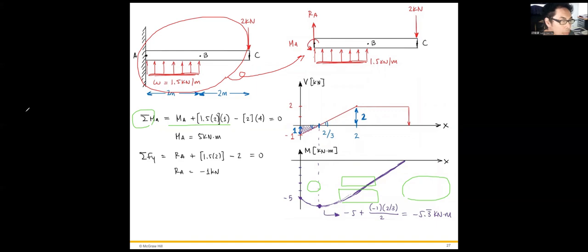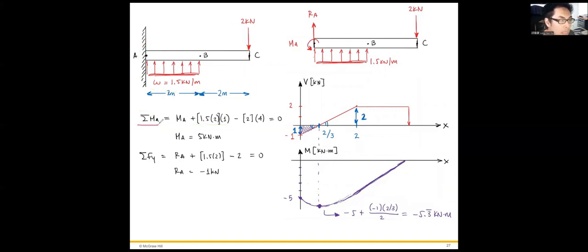We use sigma My equals 0 and sigma Fy equals 0, because there's no force along the x direction. Therefore, we don't need to apply the equation sigma Fx equals 0. Then we figure out the moment at point A is 5 kN·m, and the reaction at point A is 1 kN.